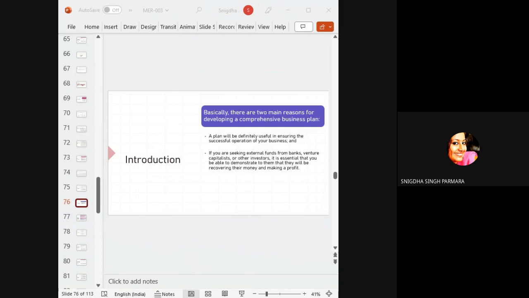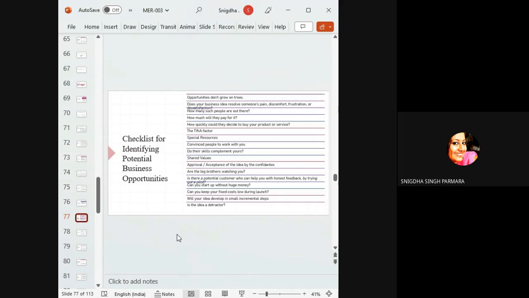And if you're seeking external funds from banks or from venture capitalists, VCs as they are generally referred to, or any other investors, it is essential that you demonstrate what plan you have in hand. So if you wish to raise funds from external parties, you need to make a proper business plan. These are the two main reasons for making a business plan.